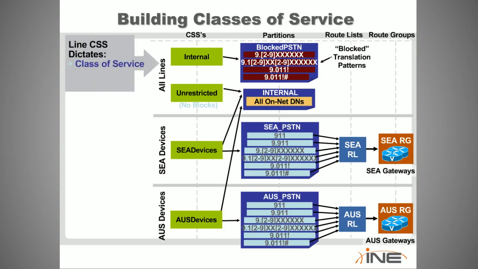Okay, so here I've got the line calling search space dictates class of service or class of restriction. Here we've got two CSSs or classes of restriction pictured, internal and unrestricted. For internal, we're blocking local calls, long distance, and international. Unrestricted is simply something that points to the internal DN.